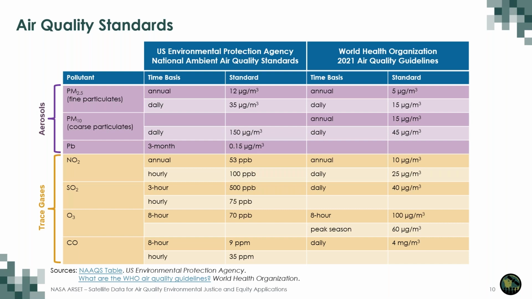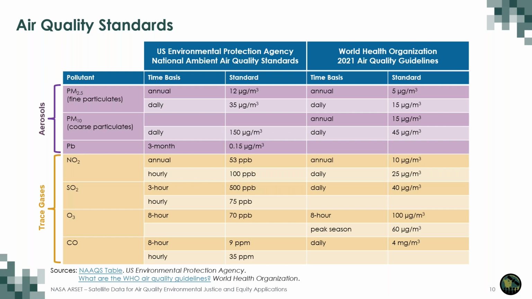These are divided into two groups, aerosols and trace gases, where aerosols are solid or liquid particles suspended in the air. Aerosol pollution is typically quantified in terms of PM2.5 or PM10, or the fine and coarse particulate matter categories respectively.